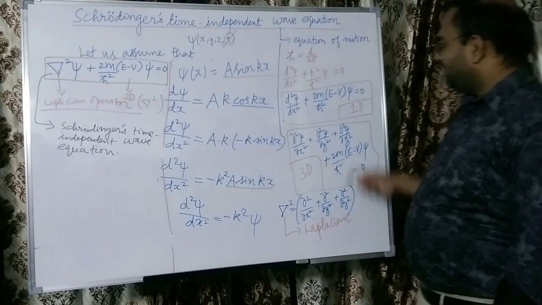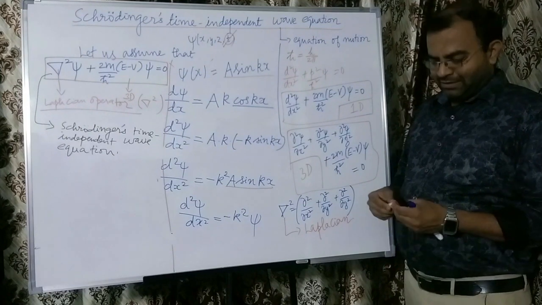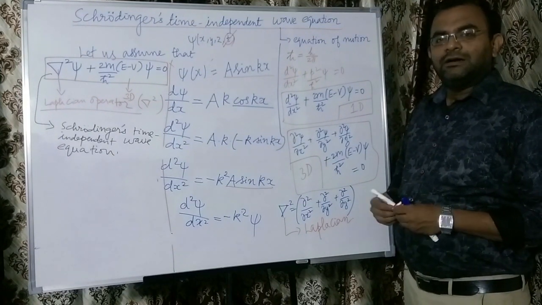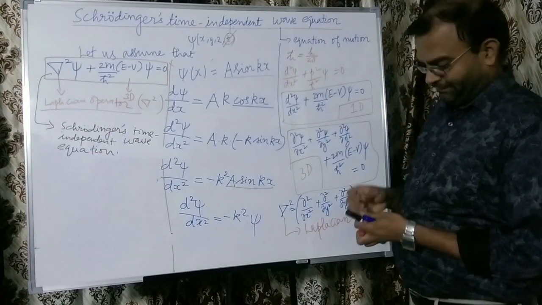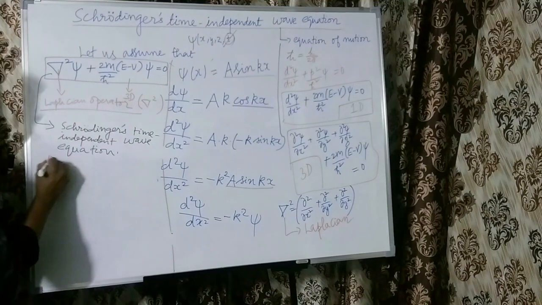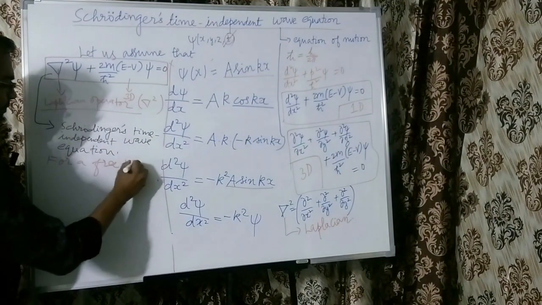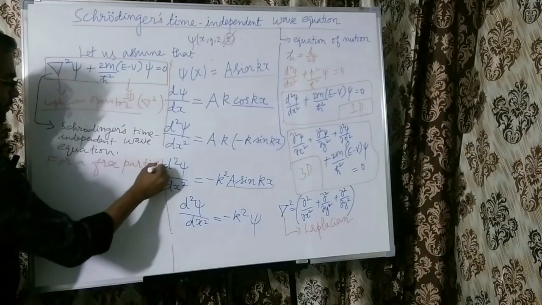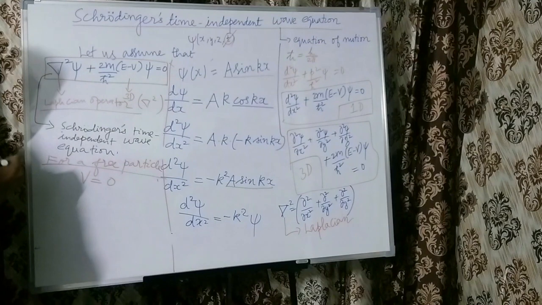That means we can make this part 0 and write for a free particle a derived version of the Schrodinger's wave equation. So, for a free particle, V is equal to 0.